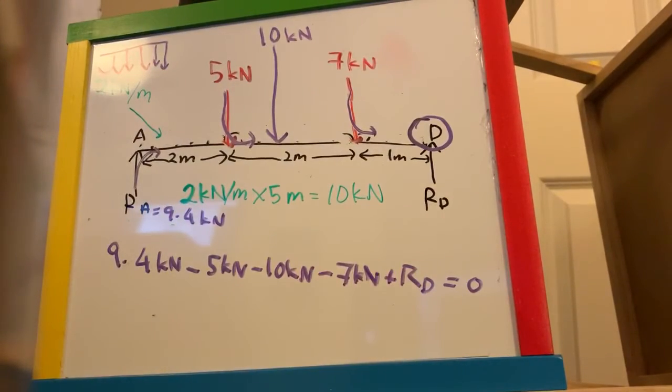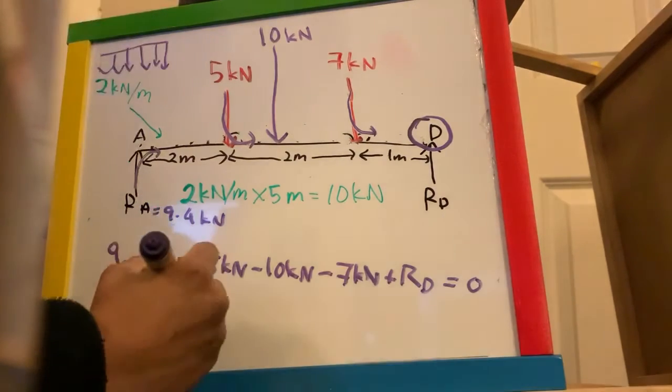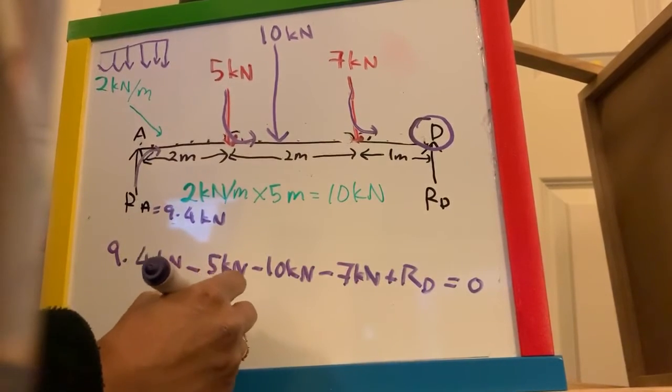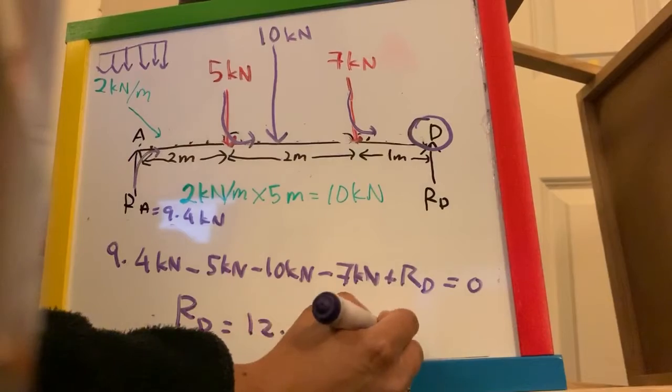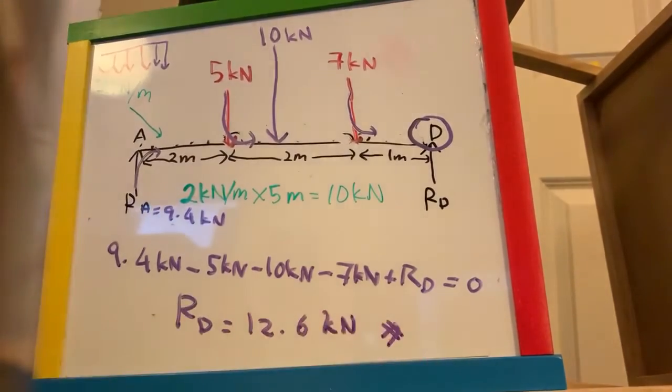Okay, so 9.4 minus 5 minus 10 and minus 7 gives you 12.6 kilonewtons. So your RD will be 12.6 kilonewton, and that solves the problem.